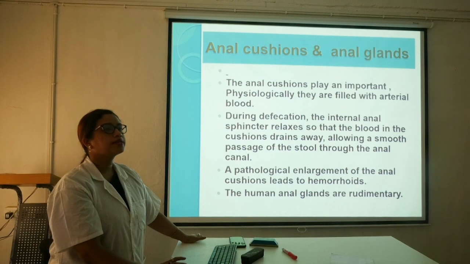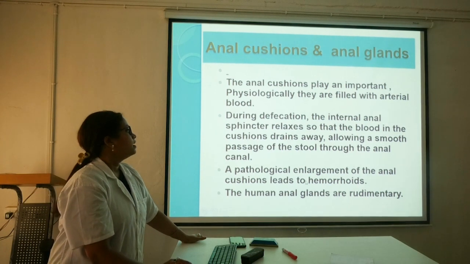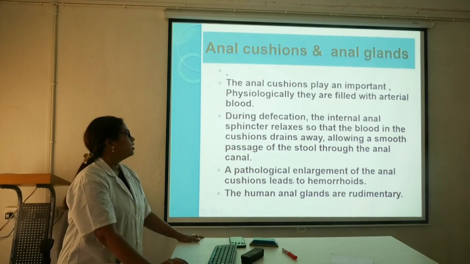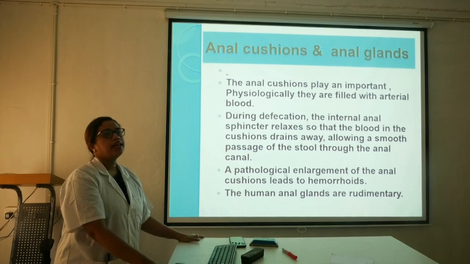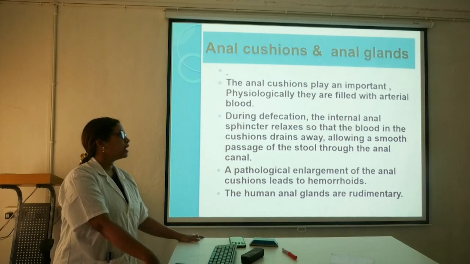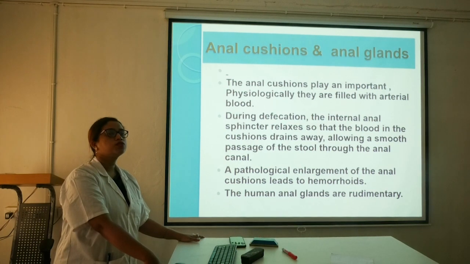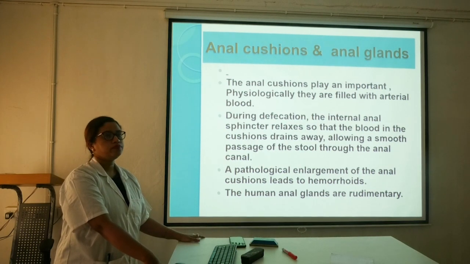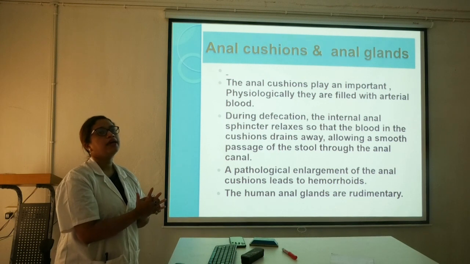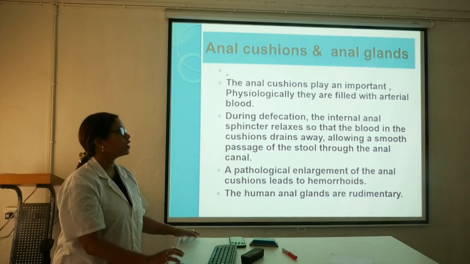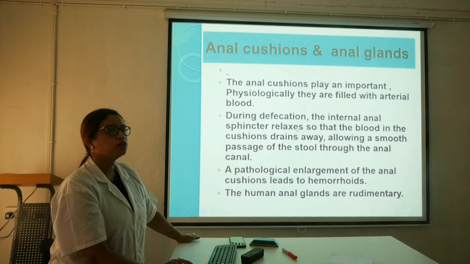It is completely filled by arterial blood. Okay. Then a pathological enlargement of the anal cushion will lead to hemorrhoids. Okay. So why are hemorrhoids produced? This cushion is being enlarged. So that's why there is the importance of anal cushions.